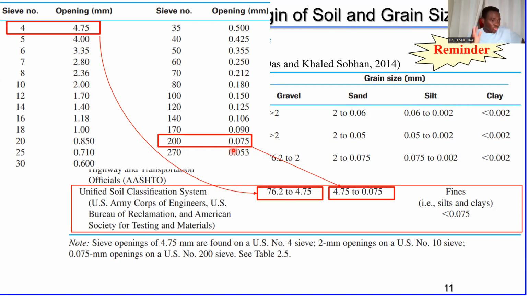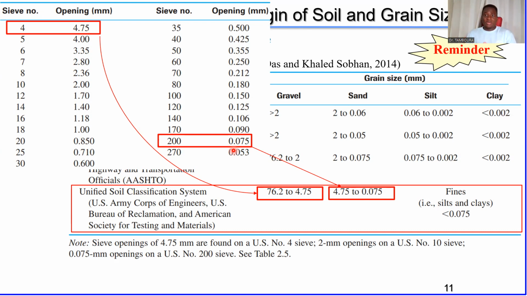And mainly, I want you to remember about the sieve number 200. That one is the first one we will attack if you want to classify soil using the unified classification system. The sieve number 200. Please remember that.